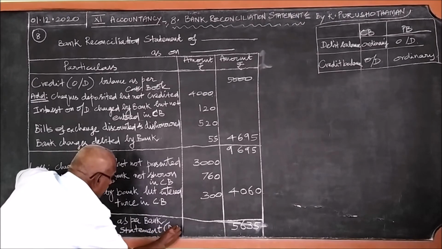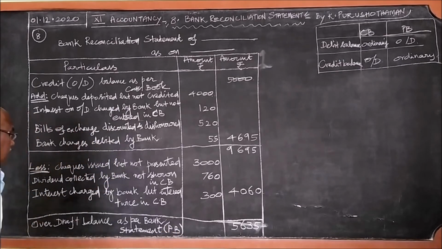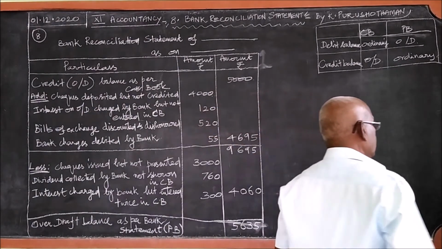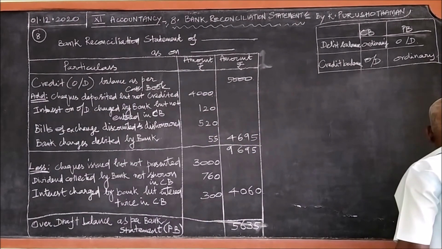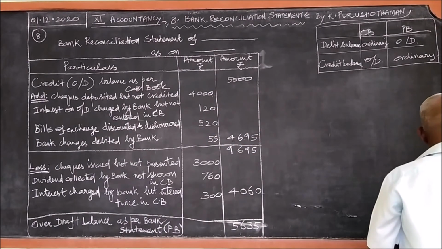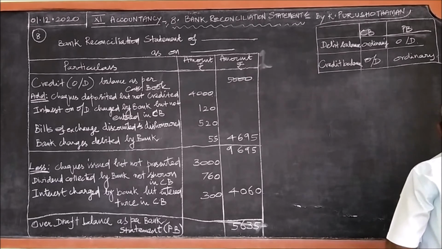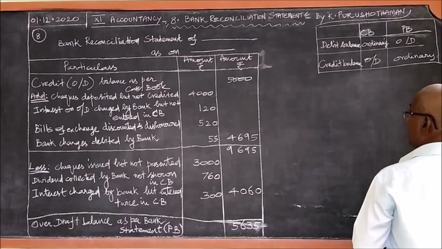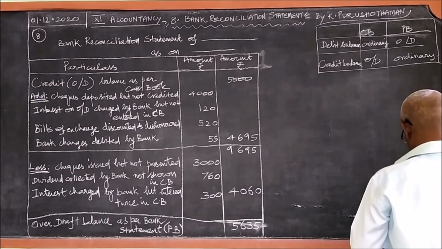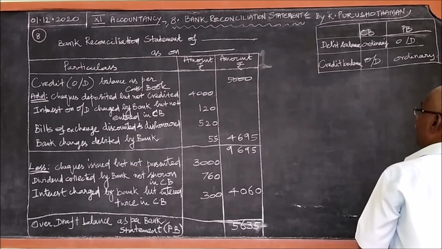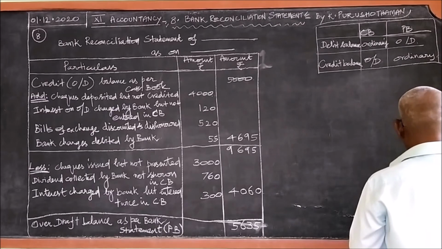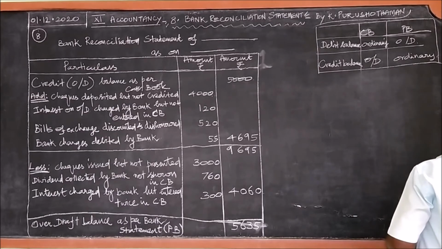That is BB. This is the answer for this problem, and we shall check whether the items selected for add and less are correct and why they are appearing there. We shall see now.